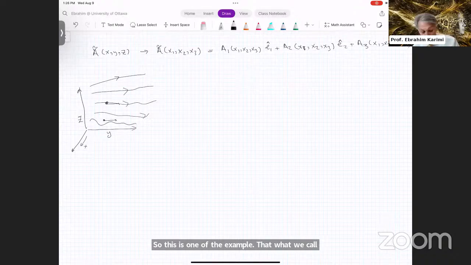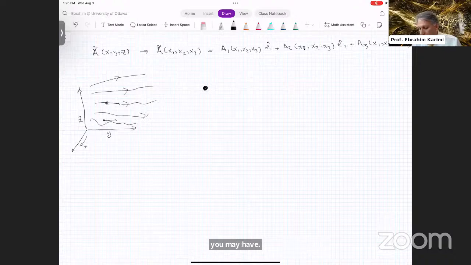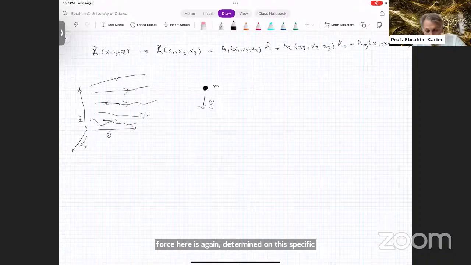In other cases, for example, you may have an object which is feeling a specific force. So the force here is again determined on this specific particle of mass M and has a certain quantity, which can be a function of only one of the arguments, or a function of two or three arguments.